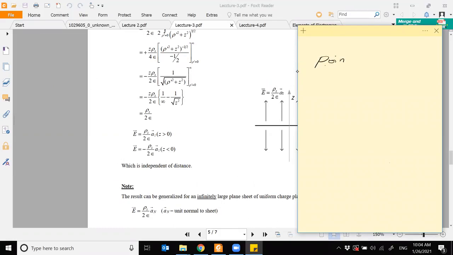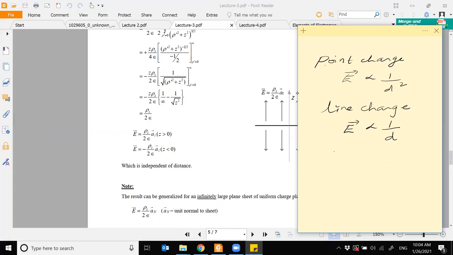So for a point charge, we saw that the electric field is proportional to 1 over d square. For the line charge, the electric field is proportional to 1 over d, where d is the distance between your source and your observation point.